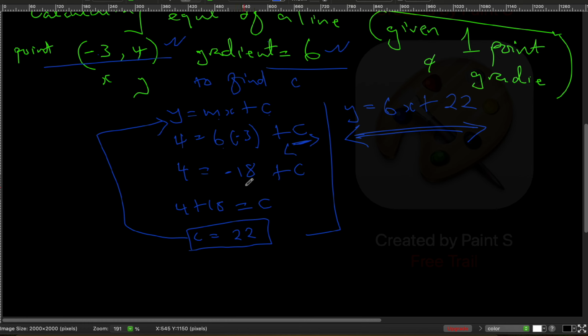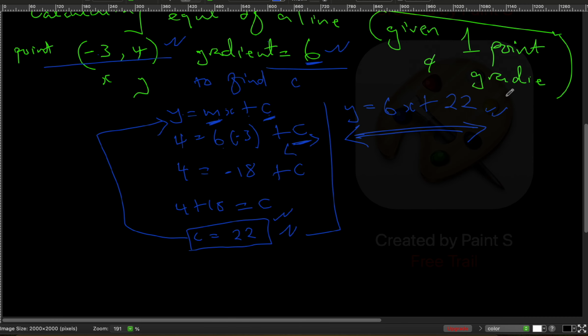Moving the 18 across the equal sign, it becomes a positive 18. It's now 4 plus 18, giving us c. Now I got c, I substitute it in the main equation. I remove the m and place the value of m, the gradient, but x and y remain like that. I replace c with the value I just obtained to get y = 6x + 22. So this is my equation of a line. I hope that is making sense.